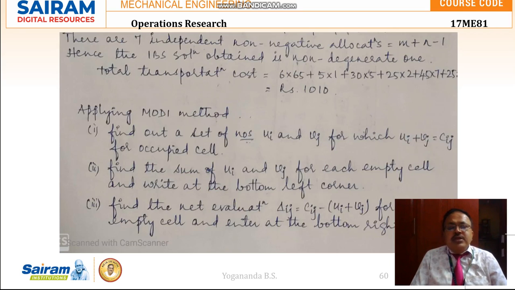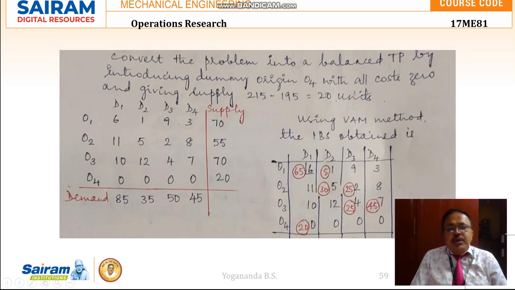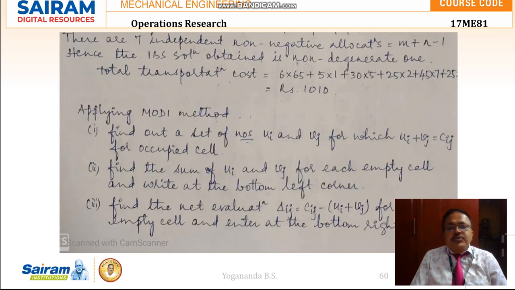So allocations are also 7, and the solution obtained is a non-degenerate solution. So total transportation cost comes to 65 into 6 plus 5 into 1, and so on it goes. So it comes to 1010.